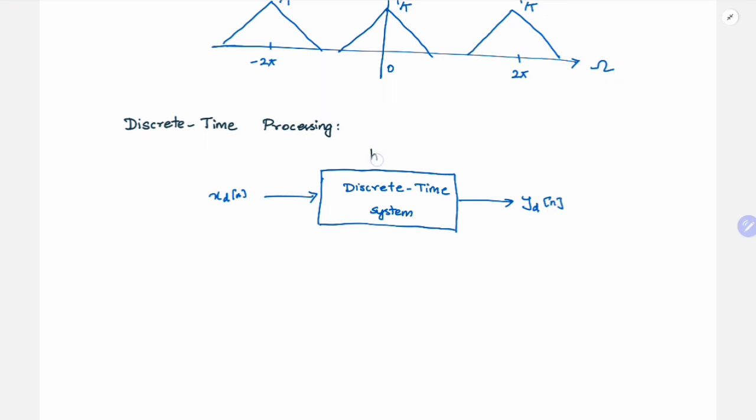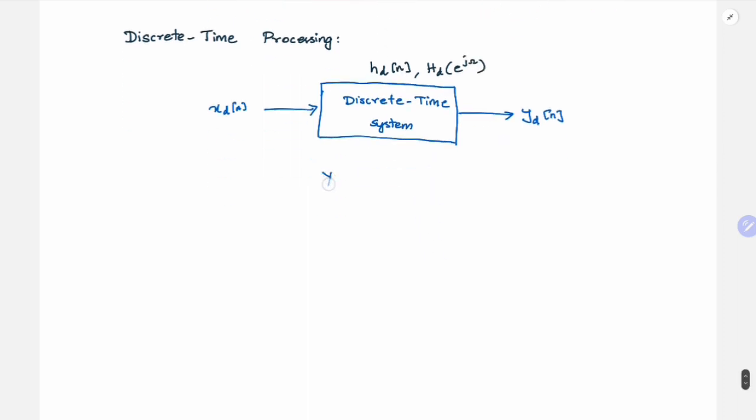This I can call Hd of n, or in the frequency domain I can call it Hd of e power j omega. So my Yd of e power j omega is nothing but Hd of e power j omega into Xd of e power j omega.